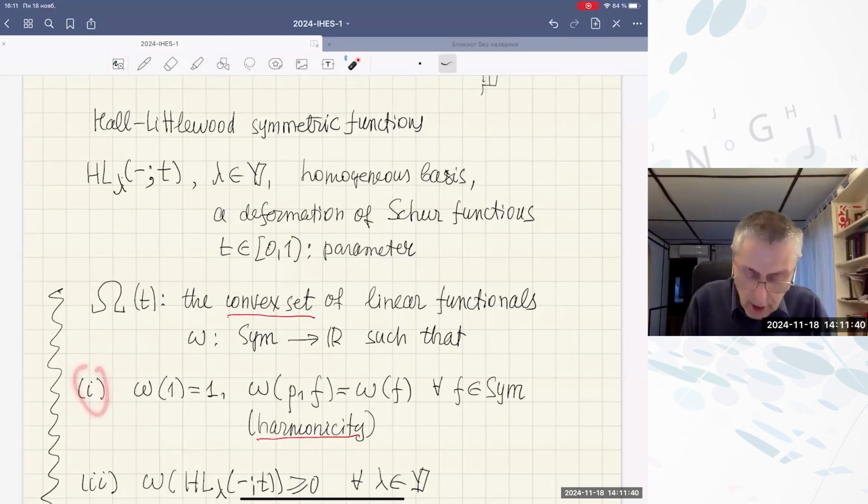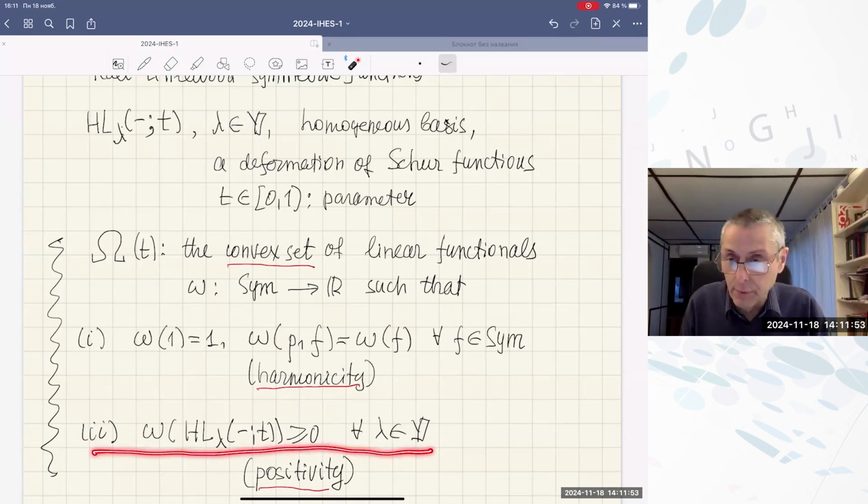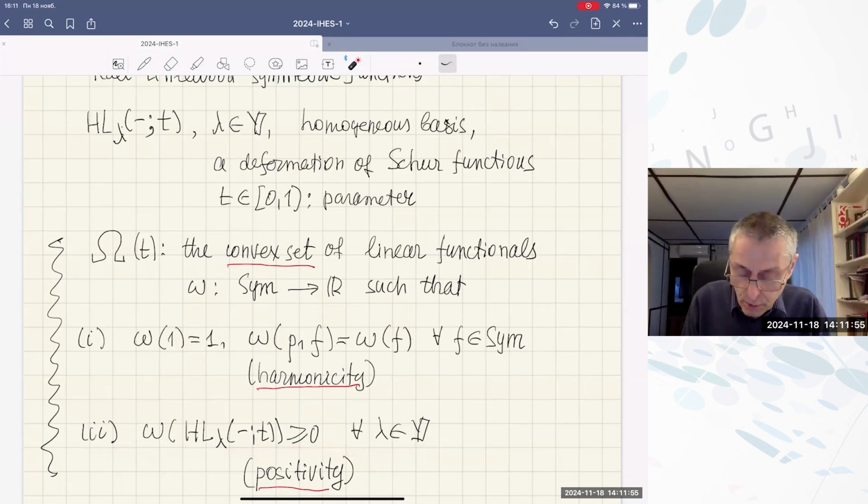That is one condition. And the second condition is a positivity condition, which means that our functional should take non-negative values on our basis. So this condition is very simple. But the combination of these two conditions defines a complicated object. This is the interaction of these two conditions which creates some interesting and highly non-trivial object.